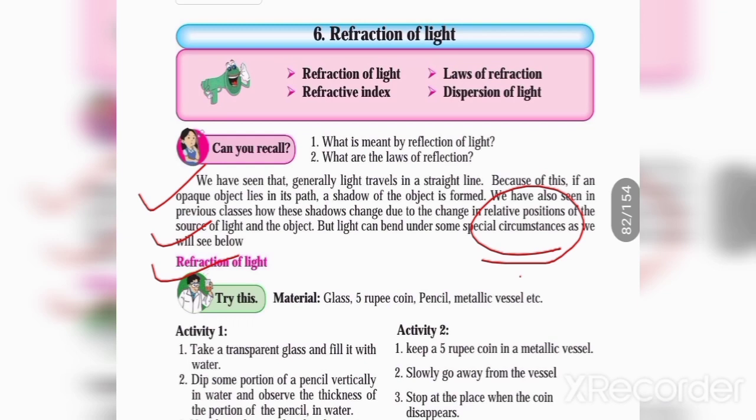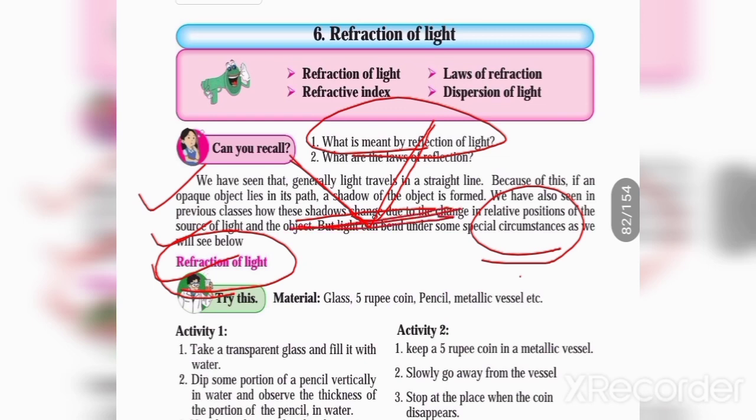Okay, next is given the refraction of light. What is meant by the refraction of light? In case of refraction of light, it is the opposite of the reflection of light. Everyone knows that in reflection, the light ray comes back, or returns back, after incident on that surface.